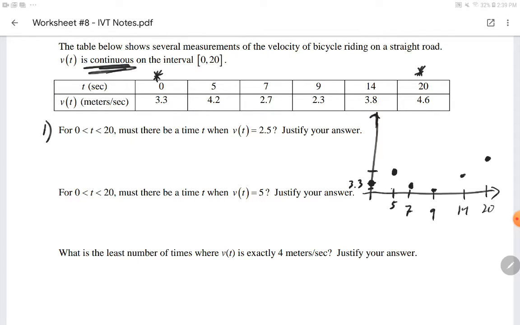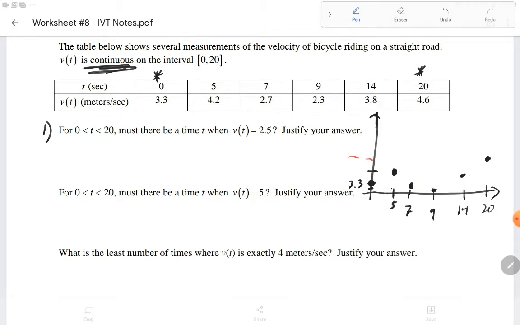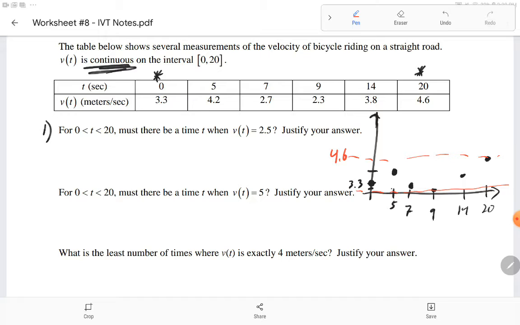So these points are going to be connected. How will they be connected? I don't know, but I know for sure that the highest height that exists and the lowest height that exists, everything in between has to exist. So if I identify that, the highest point in this case was, what was it? I think it's 4.6. And then the lowest point that exists, according to the chart, I think it's 2.3.